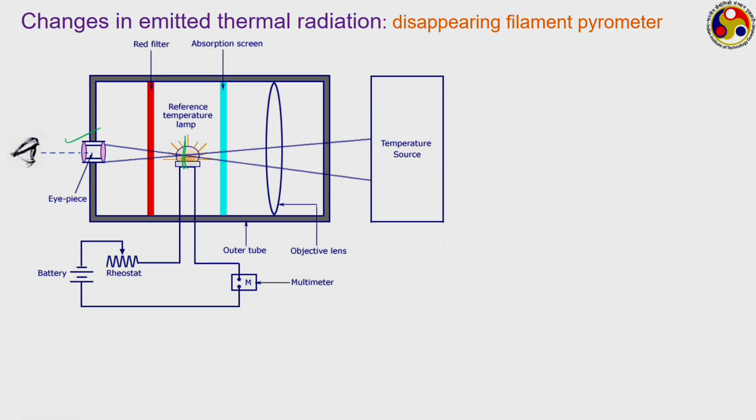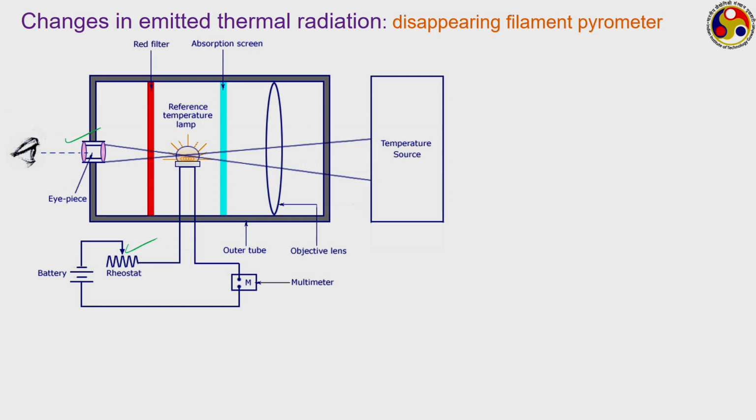The eyepiece is generally adjusted so that the filament and the temperature source are seen on the same line. Now, the temperature of the filament can be changed by changing the setting of this rheostat. Accordingly, the emission from this filament can also be modified. We can easily increase or decrease it.